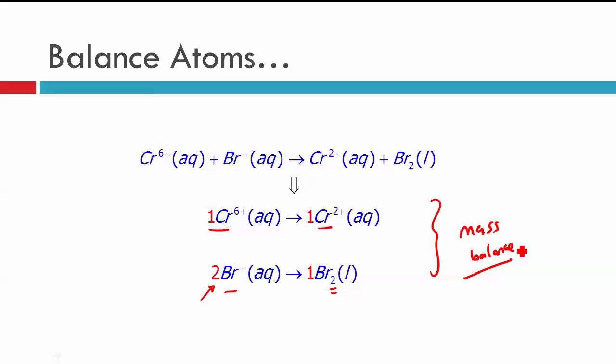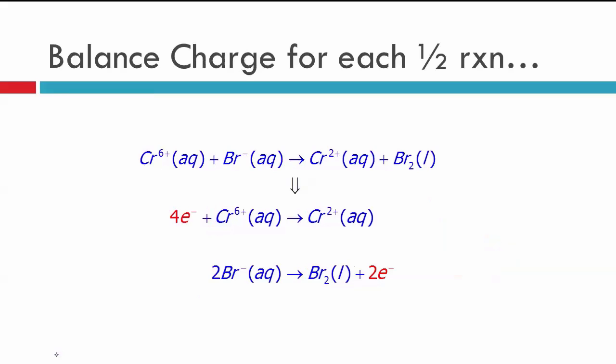We need to balance the charge in each one of these. When I balance the charge, I look here at +6 and +2. The more positive side is +6, and so we need to add electrons to it. That's the left side of the arrow here. And we need 4 electrons to balance it out. So the -4 of the electrons and the +6 add up to +2.